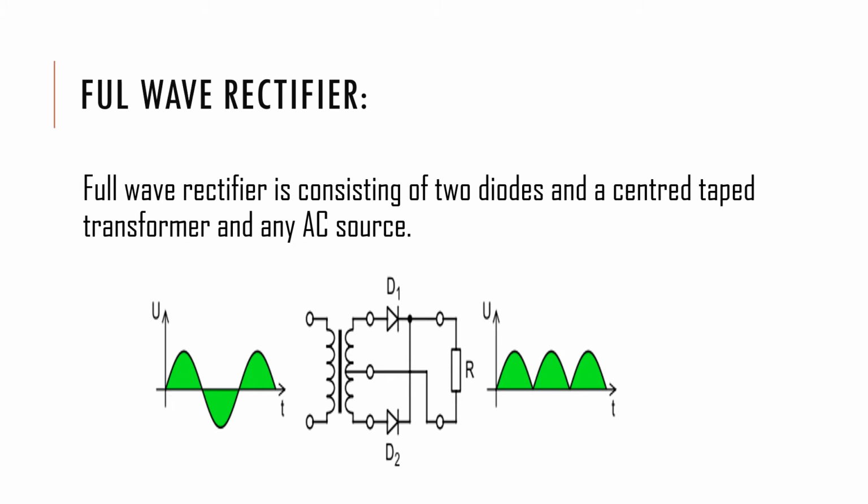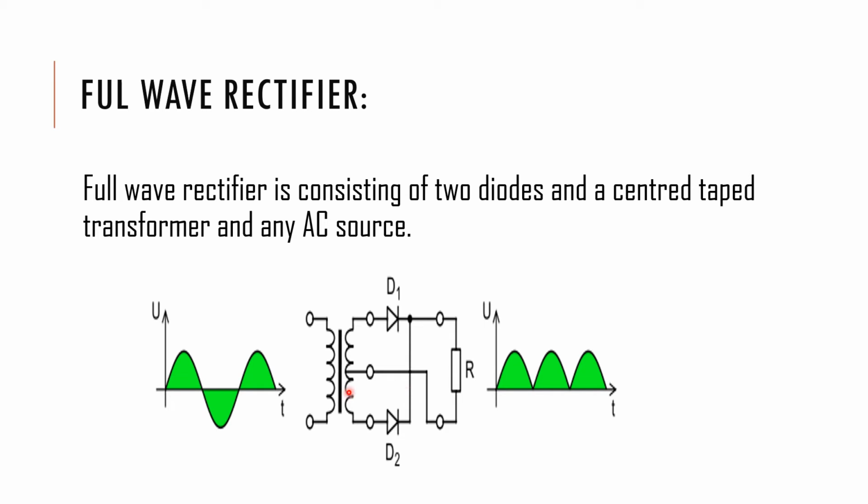Let us see the working of this full wave rectifier. When the transformer is center tapped, then two diodes back to back, depending upon the polarities, can form a full wave rectifier.